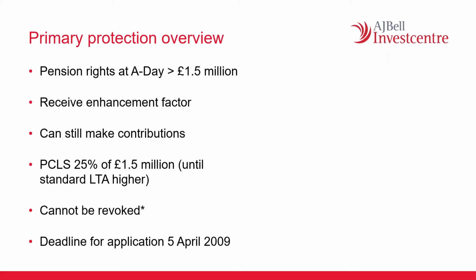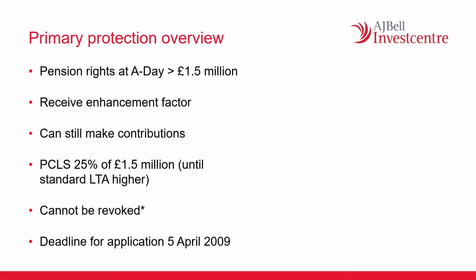But since the lifetime allowance dropped below 1.5 million, it is now fixed at 1.5 million. If we ever get to a level when the standard lifetime allowance is higher than that, then it'll be whatever the standard is. This is, of course, if you don't have lump sum protection with your primary, which I'll look at in a moment. This is just somebody who has primary protection.